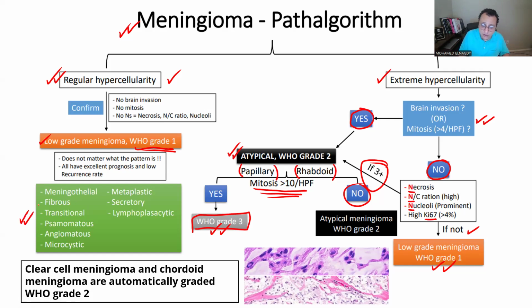All these patterns are treated as WHO grade 1 meningioma, so they are not so aggressive. Once they are removed, they rarely recur, so there is a low rate of recurrence. That's what matters for the surgeon. The surgeon is not looking for what subtype or pattern of meningioma it is. He's just looking at whether the meningioma is WHO 1, 2, or 3. So it does not matter what the pattern is, all have excellent prognosis and a low recurrence rate.